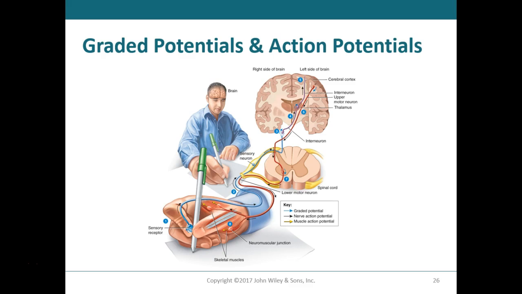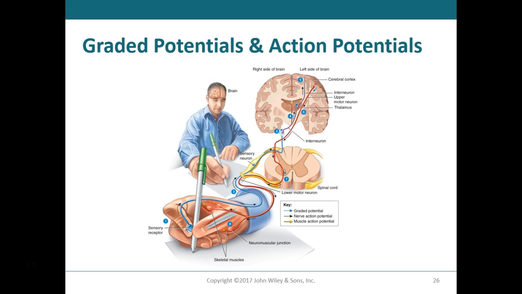Okay, so the stimulus in the brain caused a graded potential to form in the dendrites and the cell bodies of a motor neuron, which is a type of neuron that is going to cause an action to happen in skeletal muscle. So that graded potential subsequently caused a nerve action potential to occur in that motor neuron, followed by neurotransmitter release.